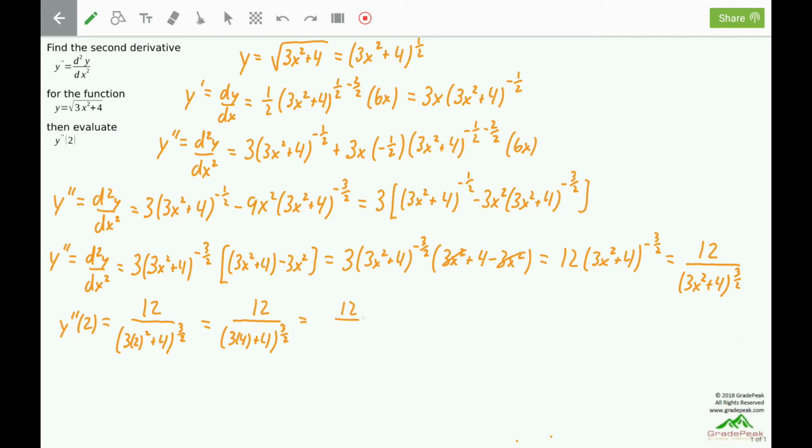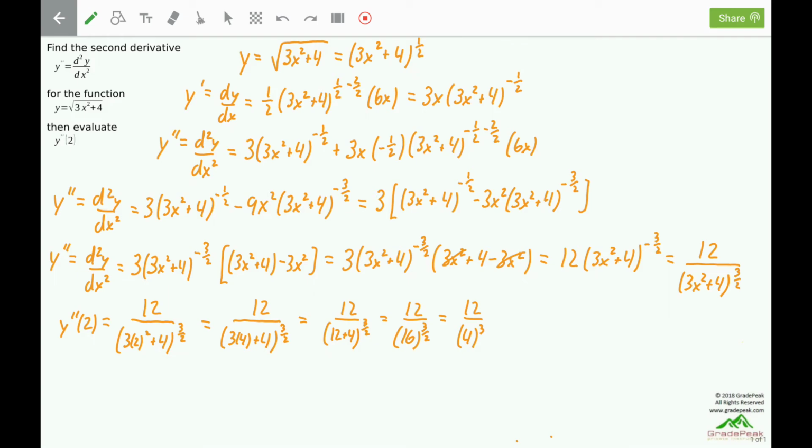And that will be 12 divided by 3 times 4 is a 12, plus a 4, to the 3/2. So 12 divided by 12 plus 4 is a 16 to the 3/2. Now the 3/2 power means to take the square root of the 16 and then cube that result. Square root of 16 is a 4, and we will have 4 cubed.